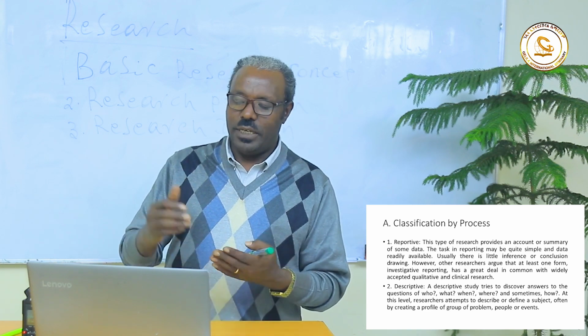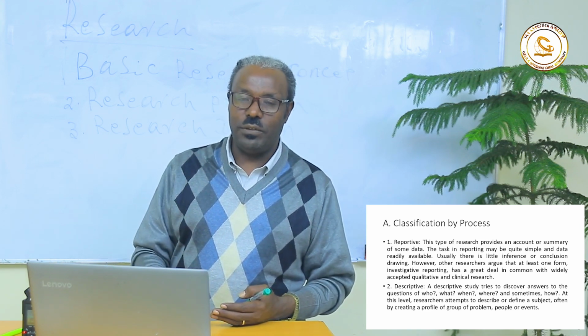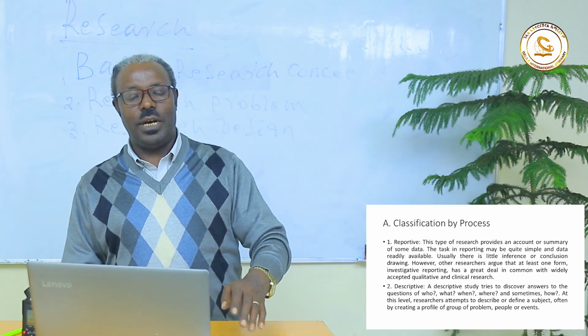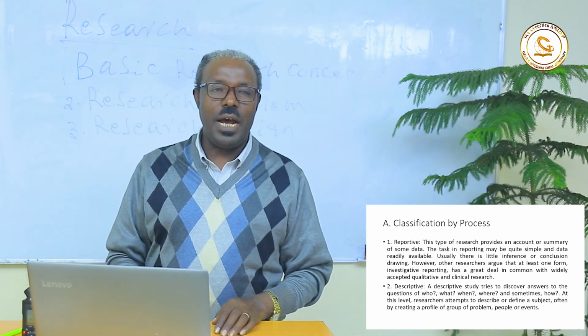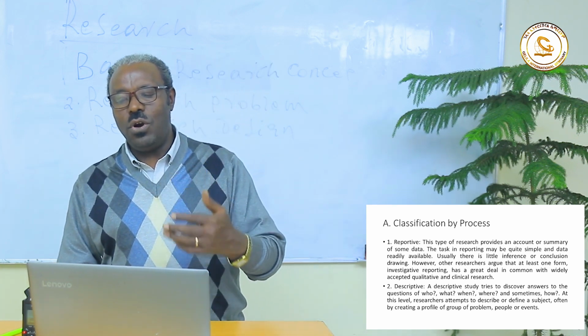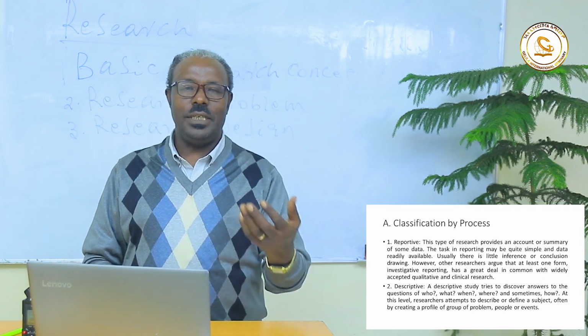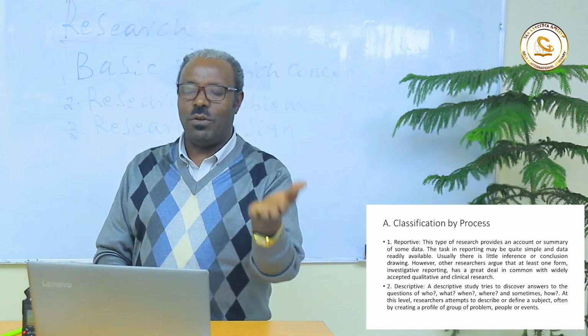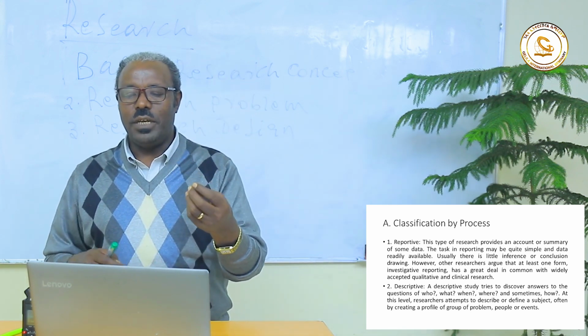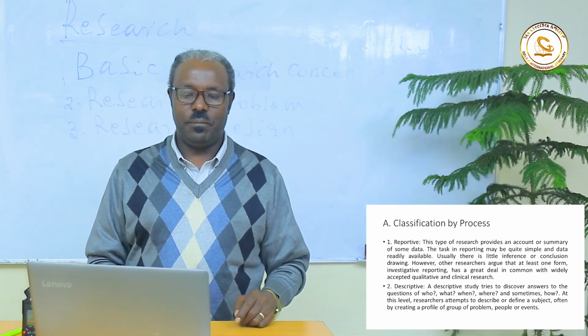This is the descriptive process of research. Research by its process is also classified as explanatory research. Explanatory research goes beyond description in the attempt to explain the phenomena which was only observed in the descriptive study.